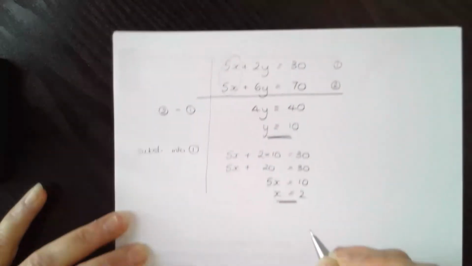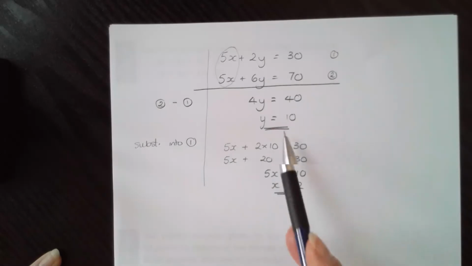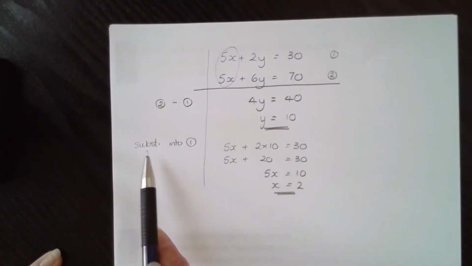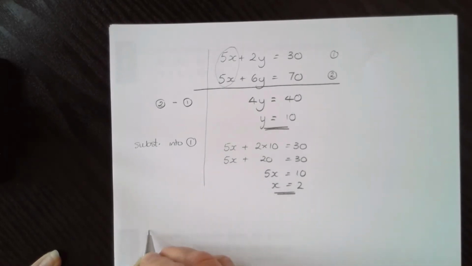And then I'm going to do a check. If I've got that right, that pair of values will work for both of those equations. I know they work for equation 1 because that's what I've just used. So I'm going to do a check. And I'm going to go into the other equation.